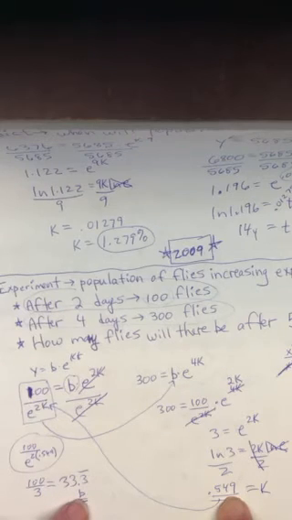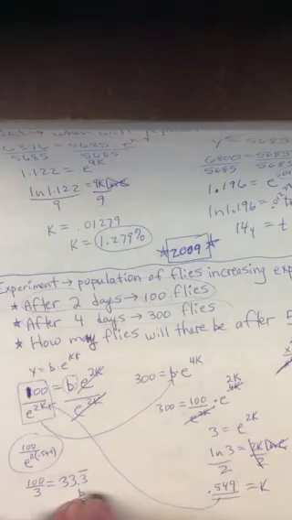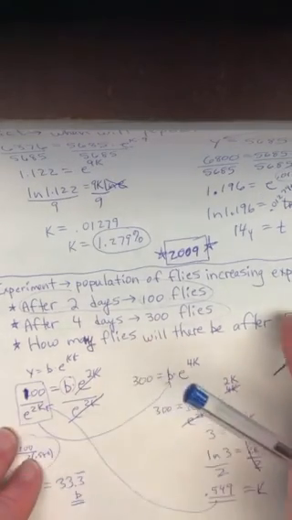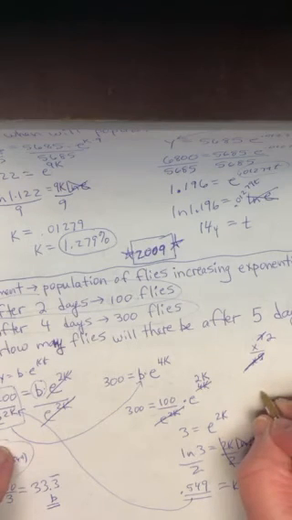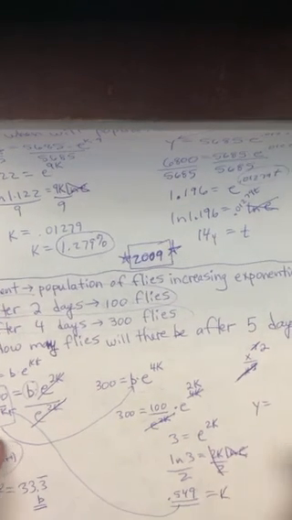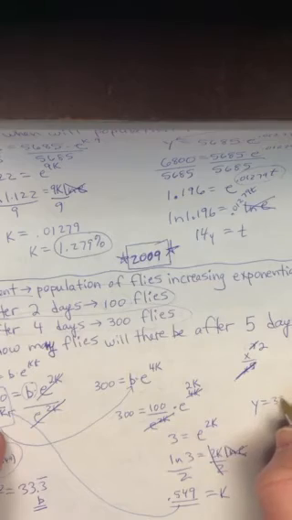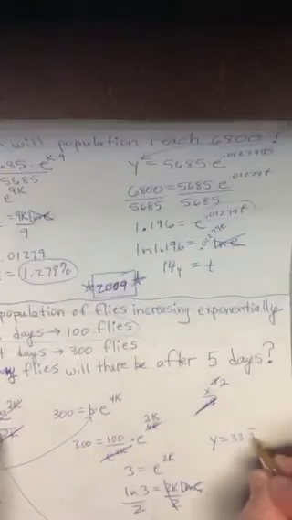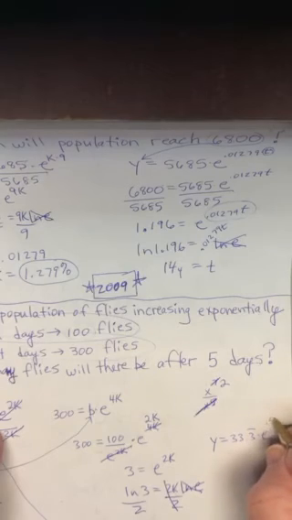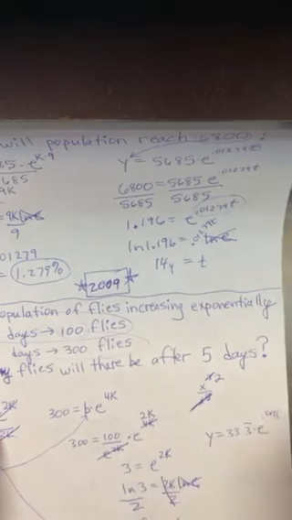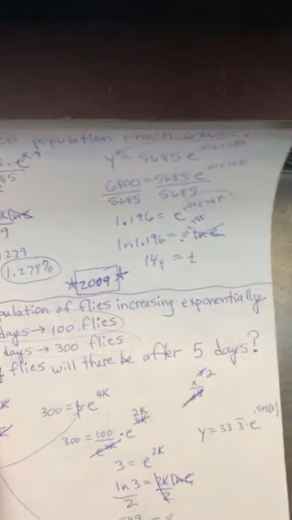Now that I've got my k value and my b value, I can try to predict how many flies there are after 5 days. So I'd have y equals the beginning amount, 33.3, times e to the what? 0.549 times t, the amount of time, which is 5 days.